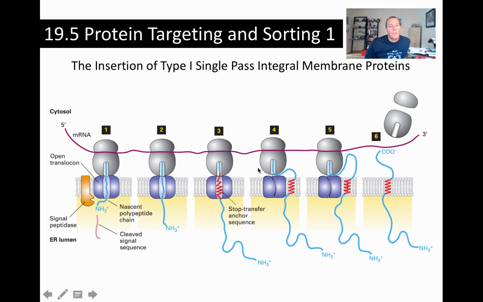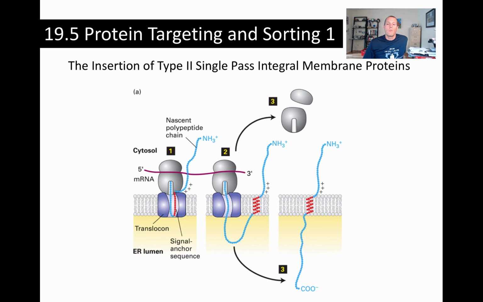What happens at this point in step 4 is, as the ribosome is starting translation outside of the ER lumen, this hydrophobic segment gets dragged out of the translocon into the membrane, and that's when it becomes the transmembrane segment.